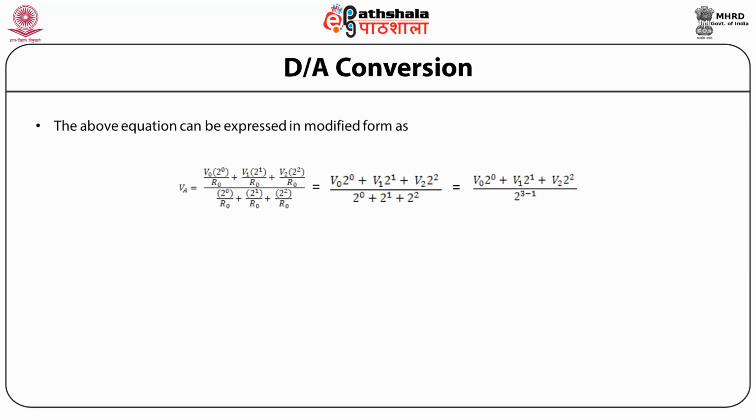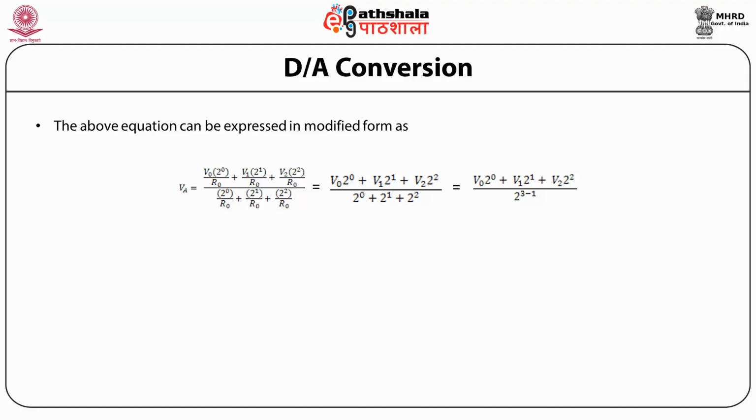The above equation can be expressed in modified form as VA is equal to V0 by R0 into 2 raised to power 0 plus V1 by R0 into 2 raised to power 1 plus V2 by R0 into 2 raised to power 2, on the whole divided by 2 raised to power 0 by R0 plus 2 raised to power 1 by R0 plus 2 raised to power 2 by R0.